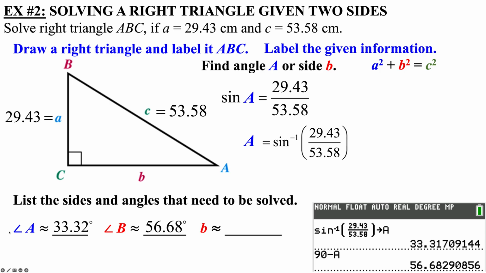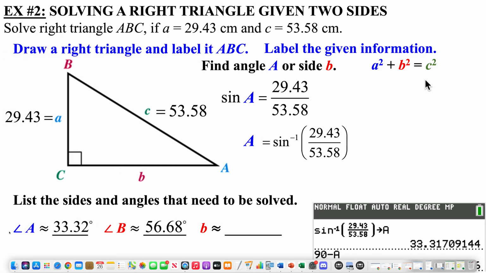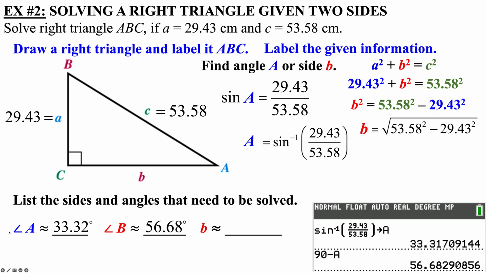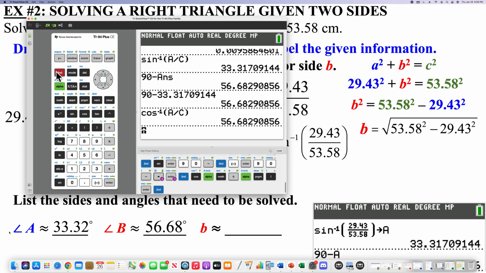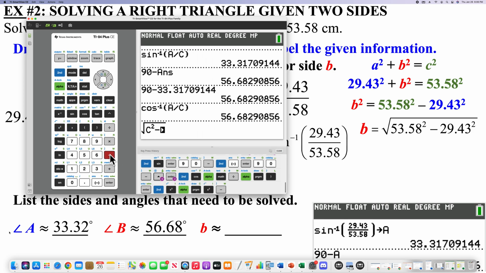Okay, Pythagorean theorem, A squared plus B squared. Wait a minute. Let me get to the steps here. We don't want to put those numbers in there and square this minus that squared all inside the square root. Are we crazy? We already got those numbers stored. Second square root. Let's see, that's alpha C squared minus alpha A squared.